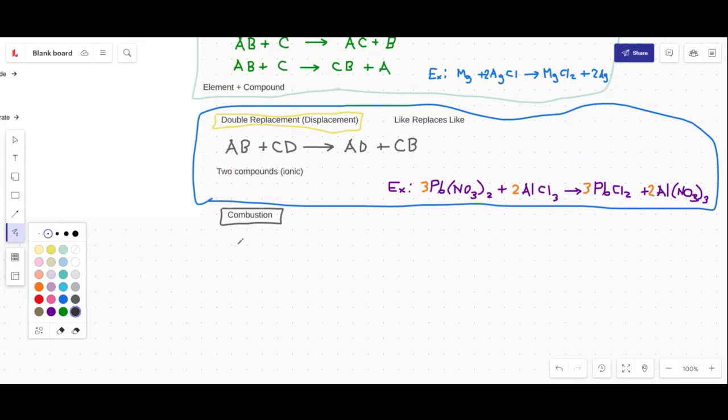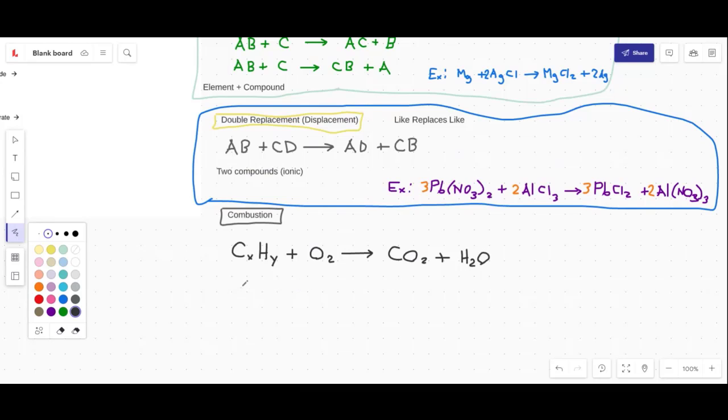And for combustion, it's actually really simple. It's some sort of a hydrocarbon, so CxHy, and x and y can be any number, plus oxygen goes to form carbon dioxide and water. Hydrocarbon and oxygen goes to form carbon dioxide and water.